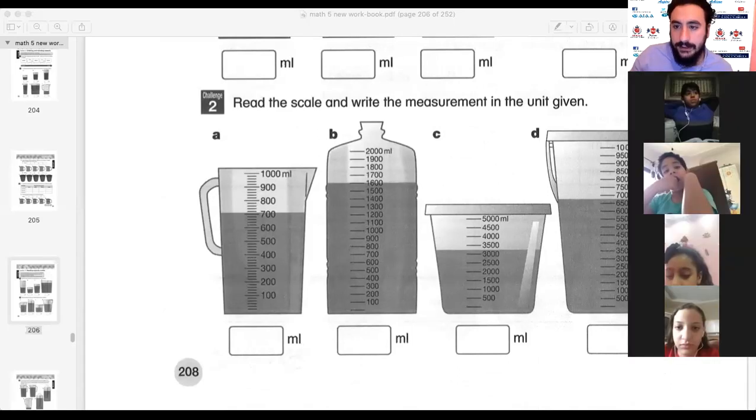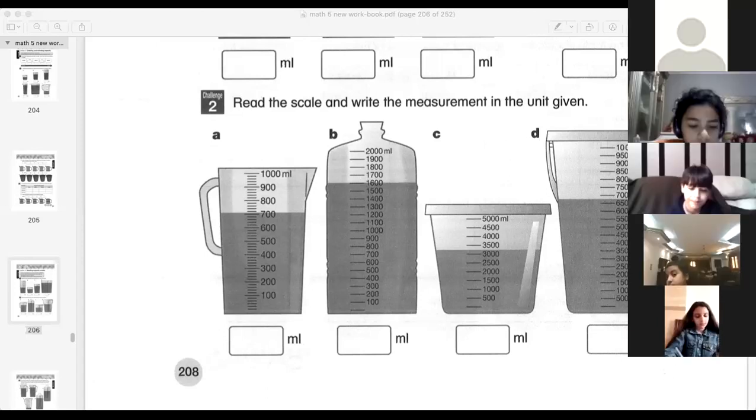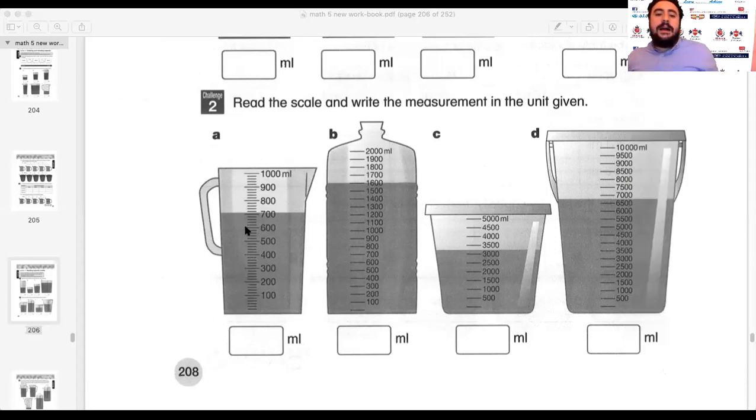Where is Hala? Yes, Hala, about A and B, you're going to solve A and B. Read the scale and write the measurement in the unit given.